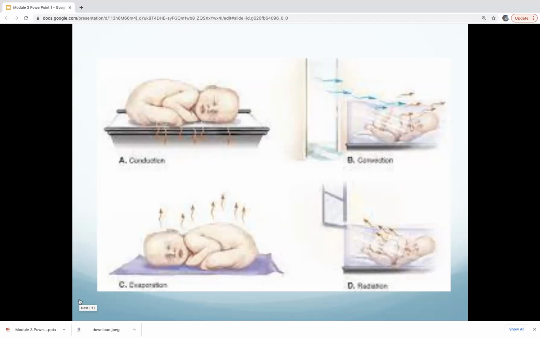So the baby is on the scale. The scale is cold, right? It's metal, it's cold. So that would count as your cold equipment. Now, how could we prevent loss of heat by conduction by putting a baby on the scale?